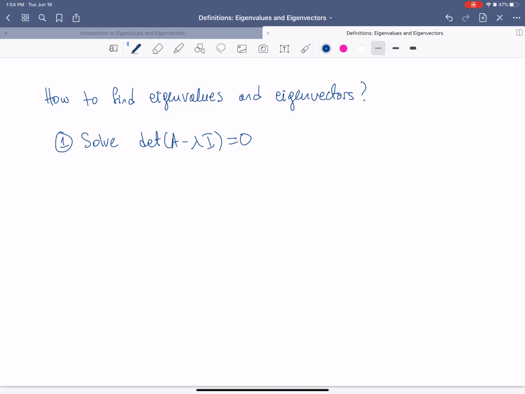You get a polynomial in lambda, you set it equal to 0, and you're trying to find the roots, or you're trying to find the values of lambda for which this equality is true. So you solve this equation to find lambda 1, lambda 2, all the way to lambda n. Now I say there are n lambdas, but that doesn't mean that they all have to be different. You could have repeated roots in the polynomial, but you cannot have more than n.